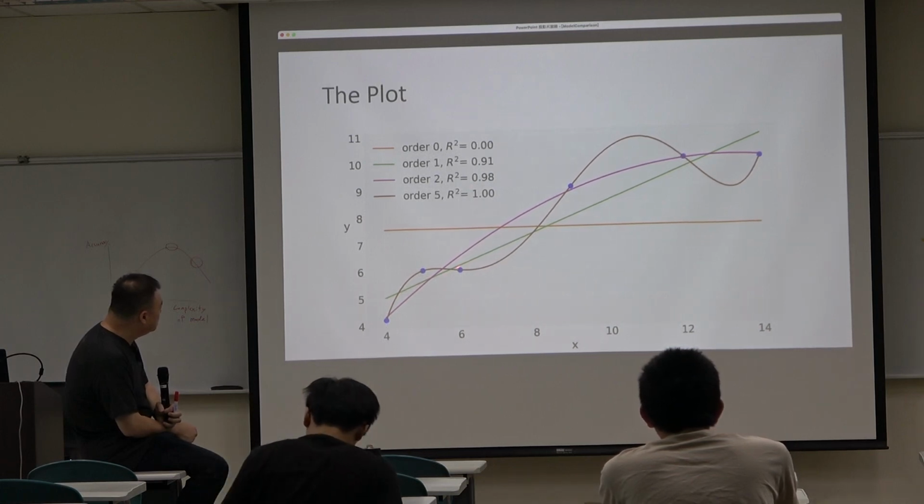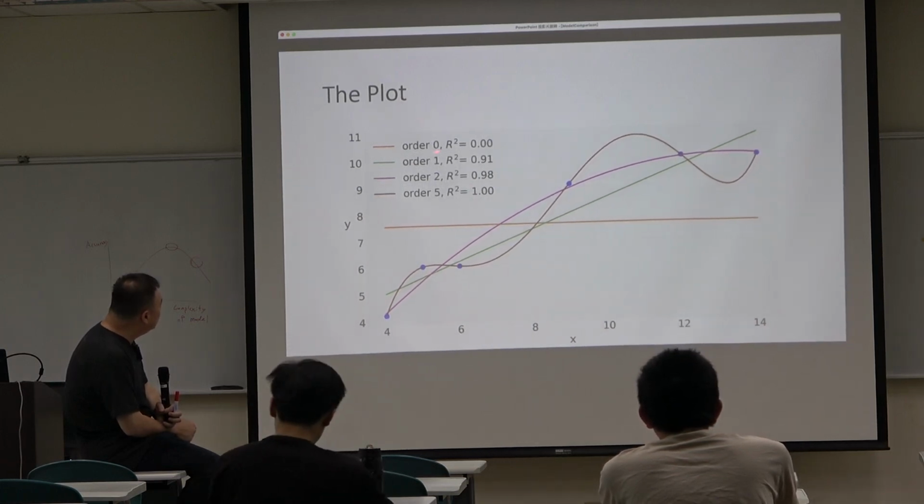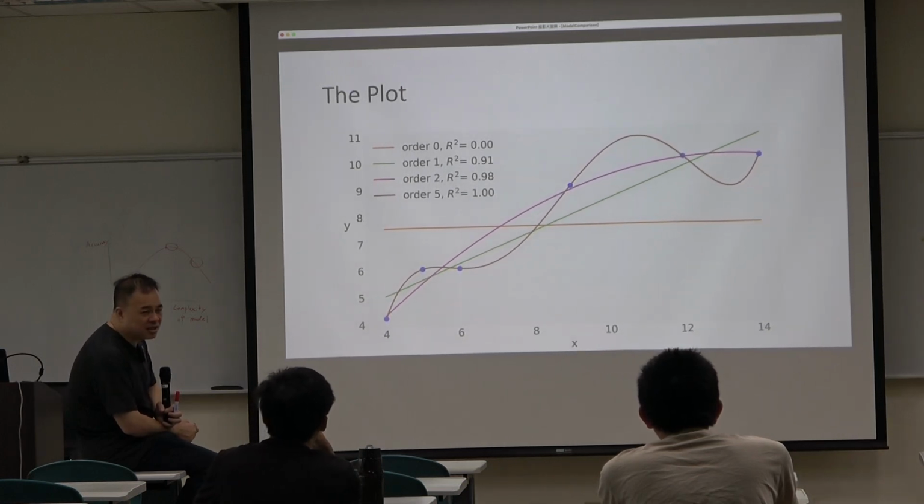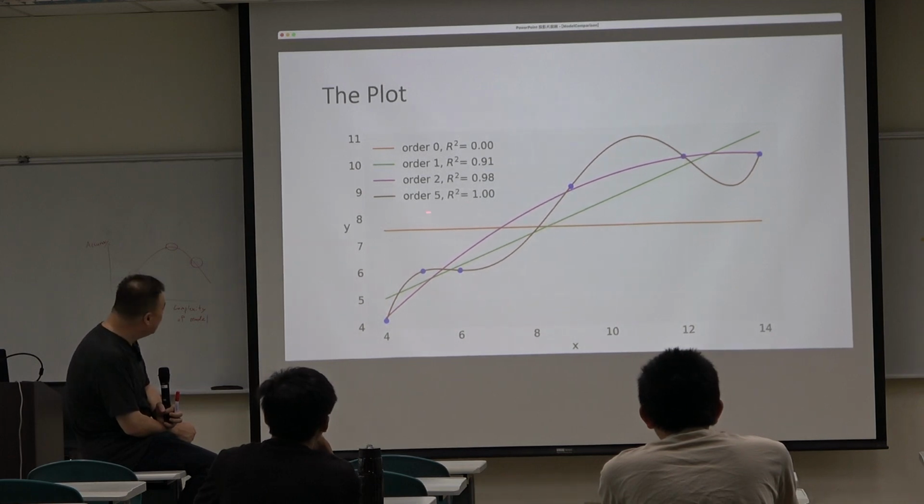Oh, by the way, order 0 is that orange one, because order 0 is basically just a constant. That constant is represented by this orange line.